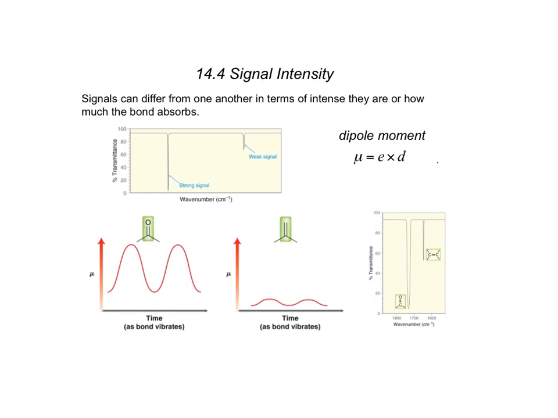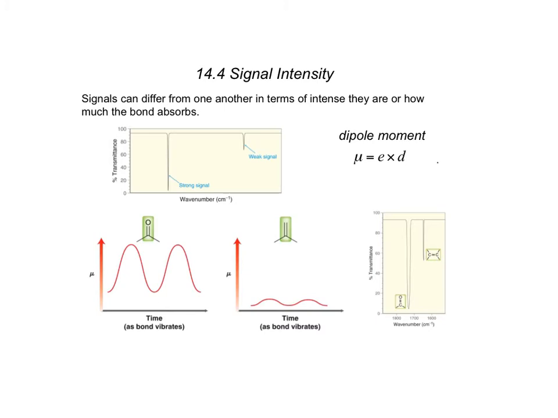Let's say we have some sort of IR spectrum and we see that for whatever this bond is, we get a very strong absorbance at whatever wave number this is, whereas for whatever this bond is, we get a very weak absorbance. We don't get as strong of a peak compared to what we would call a strong signal. This is what I mean by difference in intensity.